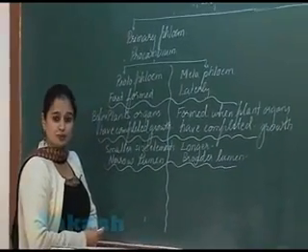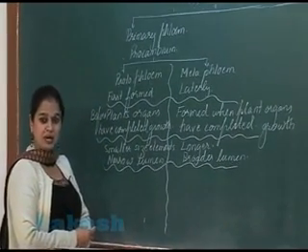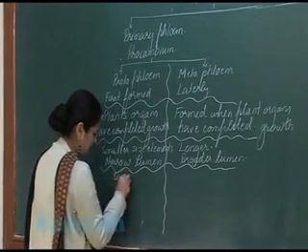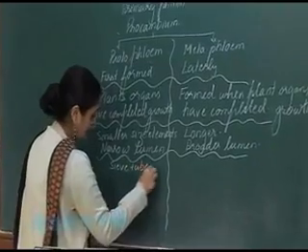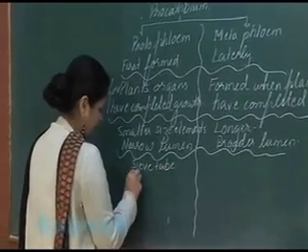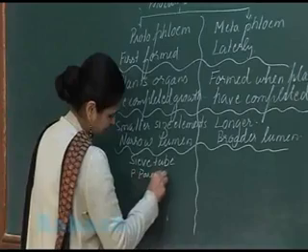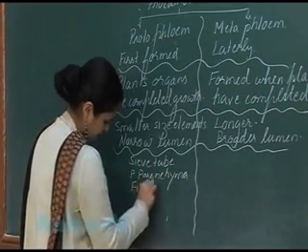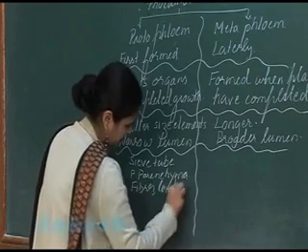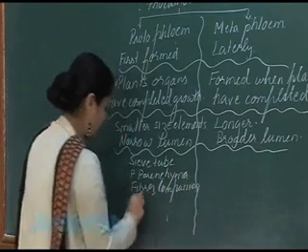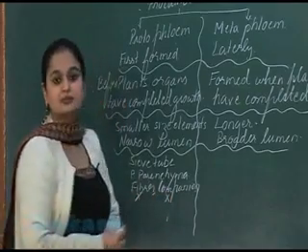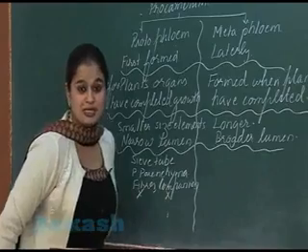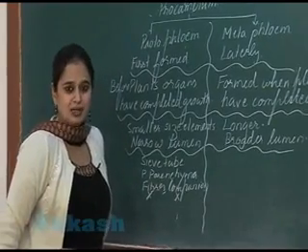Now in the case of the protophloem, let's see what are the different components of the phloem which are present. There is presence of sieve tube and phloem parenchyma. But the fibers and companion cells are absent, as we have seen in the case of the protoxylem.